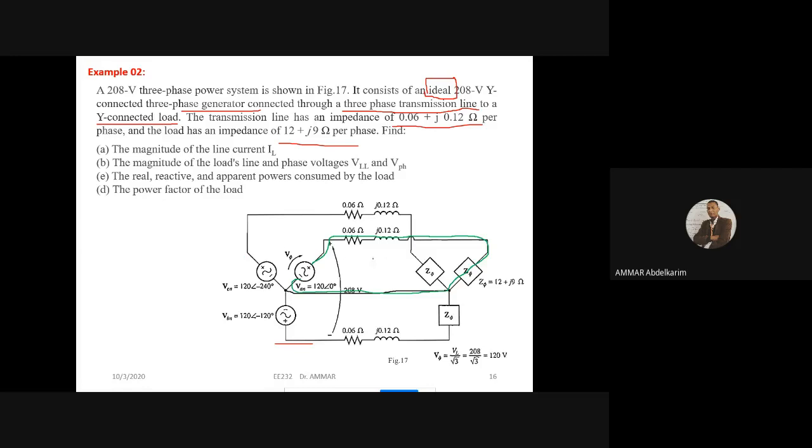When we take this circuit, it will be simplified like this. This is the source. This is the transmission line impedance, ZL for example. And this is the load impedance, Z phase or Z load. So this is the simplified circuit, and we are going to apply the conventional, traditional rules of the single phase circuit.